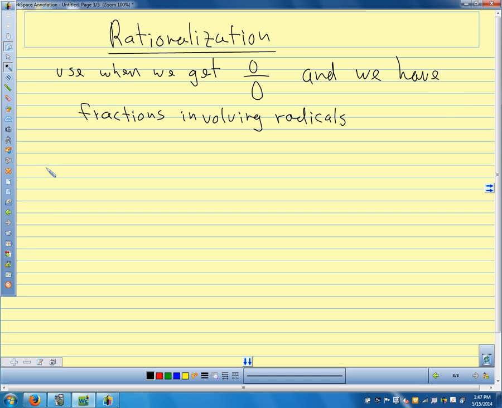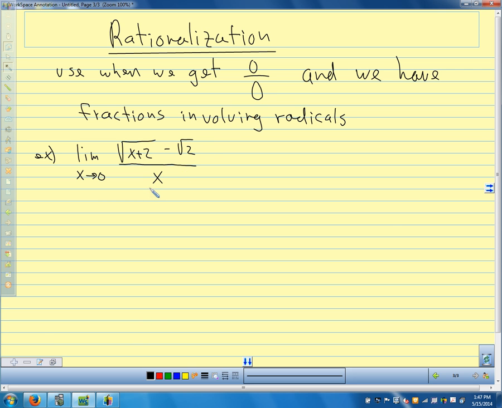So let's look at an example of how we're going to rationalize. Let's look at the limit as x approaches 0 of the square root of x plus 2 minus the square root of 2 over x. If I plug in x equals 0 here, I get 0 over 0: square root of 2 minus square root of 2 over 0.